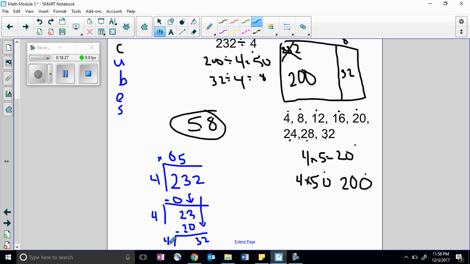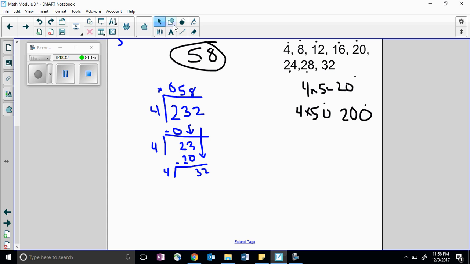We're dividing again because there's something left down here after we brought it down. 4 times 8 equals 32. We already proved that with this lovely model over here. Divide, multiply. 8 times 4 is still 32. Subtract. Gives me a 0. Nothing to bring down, so I cannot bring it back. 58 is still my answer.